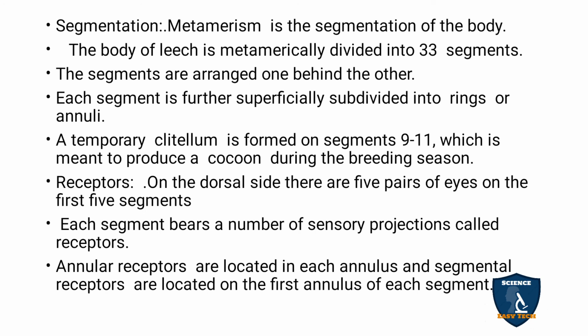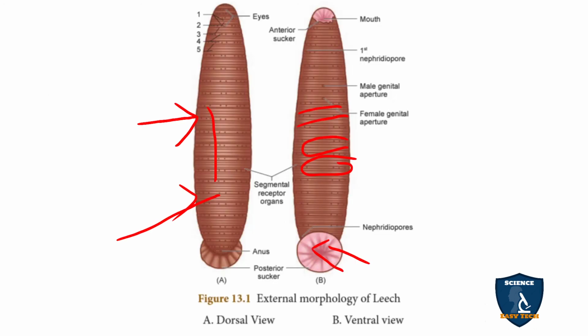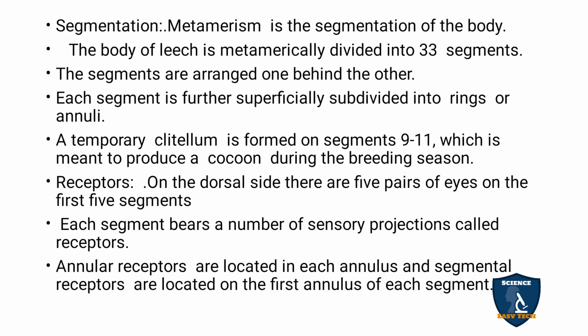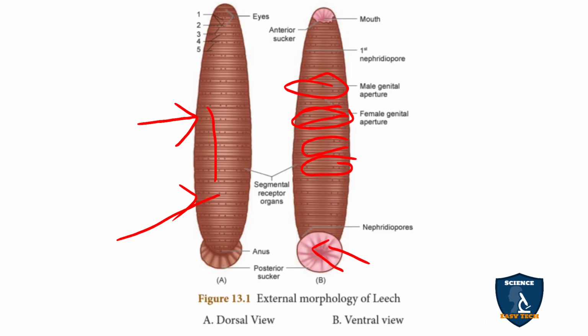Each segment is divided by rings, the annuli, so it forms a ring-like structure. Annuli means it looks like a ring. There is a clitellum from the 9th to the 11th segment. It is the clitellum region.